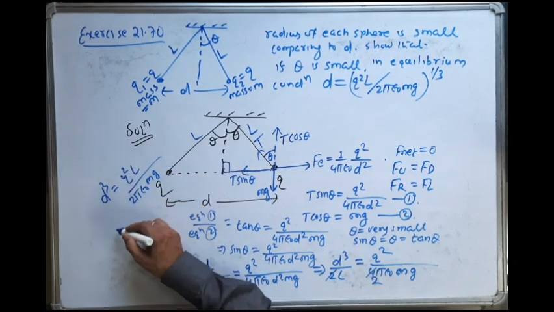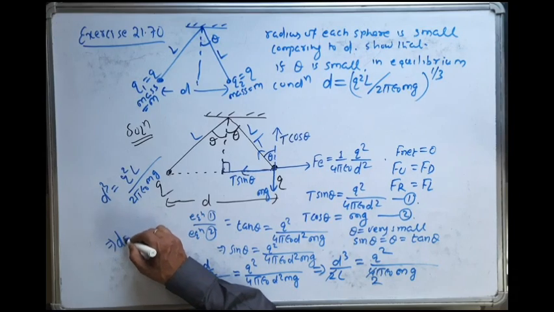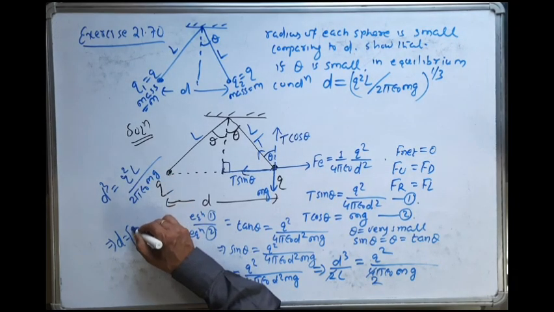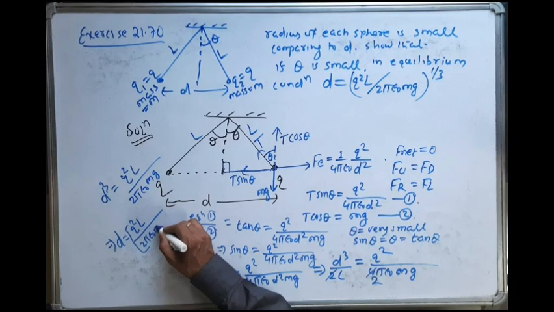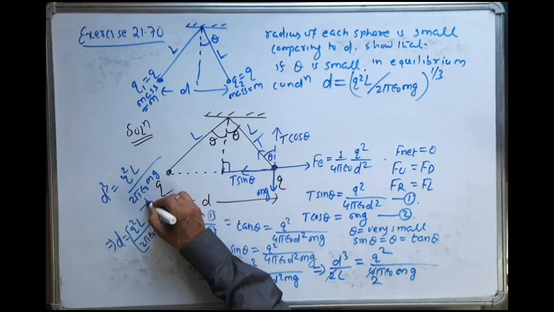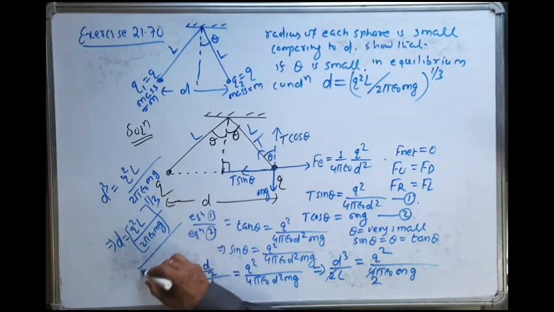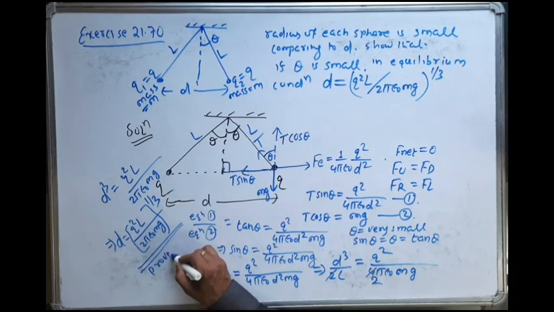This is d cube, but we have to find d. So d is equal to just the cube root of this, q square L by 2 pi epsilon naught mg, to the power 1 by 3. So this is the answer. We proved that the d value is equal to this much.